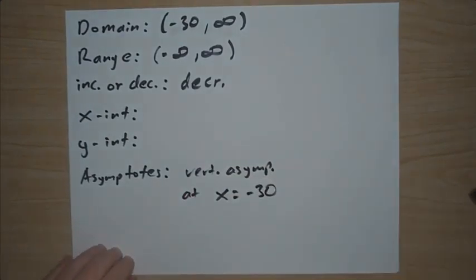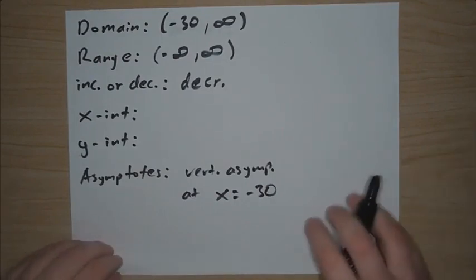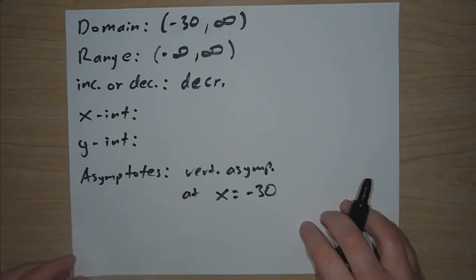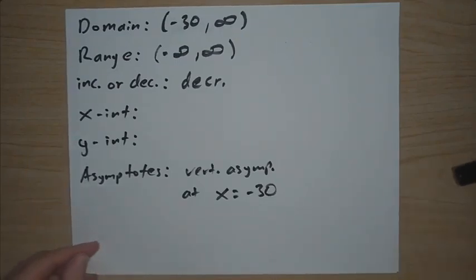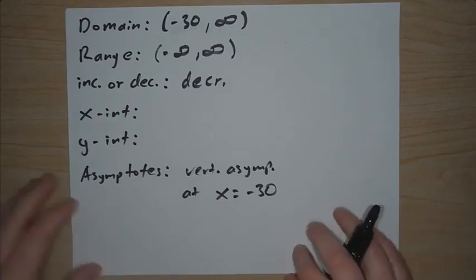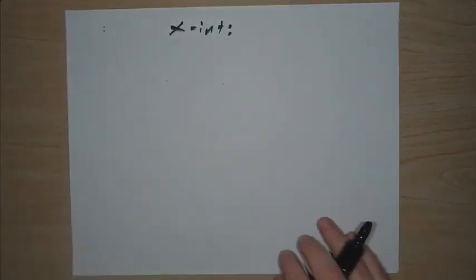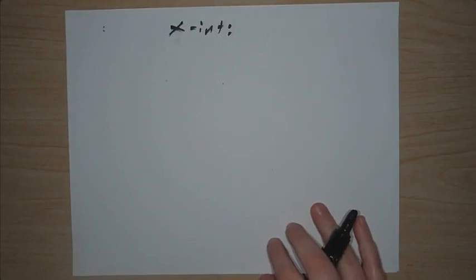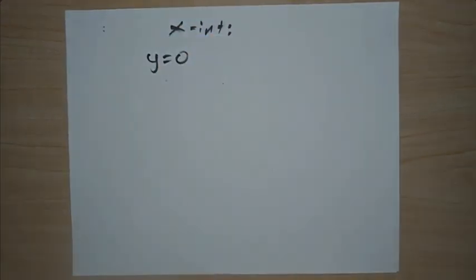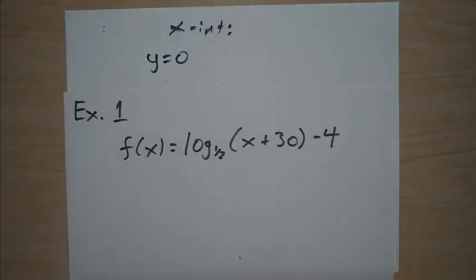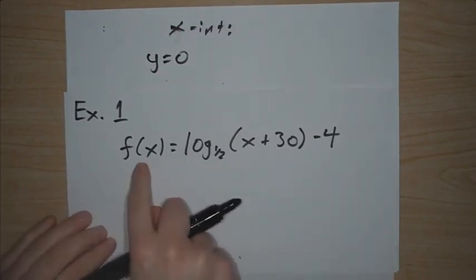So now we're going to look at our x and y intercepts. We already found them graphically, but we want to find them also algebraically in case we don't have access to a graph. The way we're going to do that is we're going to first look at our x-intercept. And our x-intercept is when our y is equal to 0. So looking at our function again, we're going to substitute 0 for f of x.